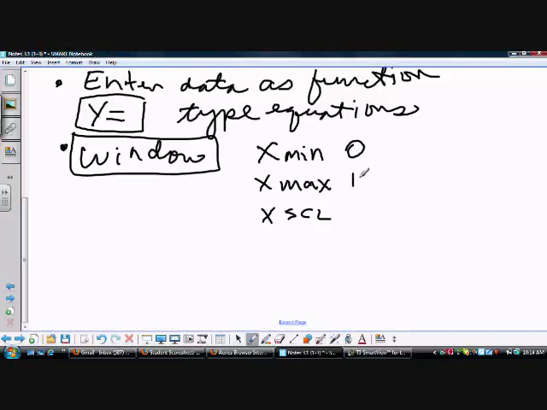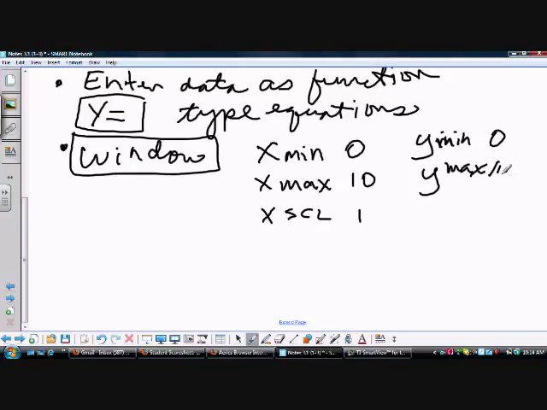We set it at 10, and a scale of 1. The y min we set at 0. The y max, we had to choose some number bigger than the 40s, 50s, 60s where the sales was. You start playing with numbers for these maxes until you see both graphs on the screen.